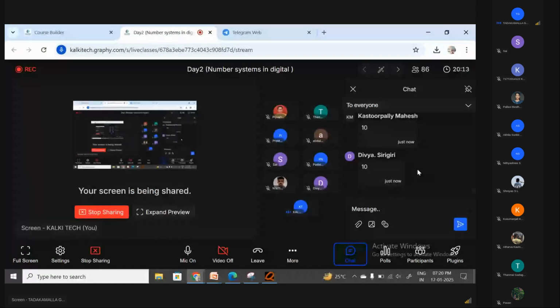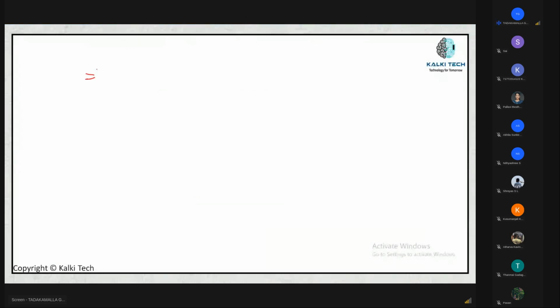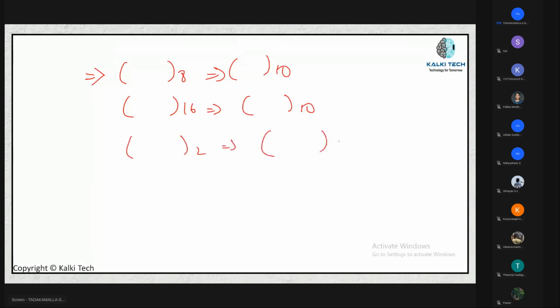And if you want to generalize, let's say you want to convert an octal number to a decimal number, or a hexadecimal number into a decimal number, as we have already seen for binary to decimal. If you want to convert any number to decimal, just take the weights.